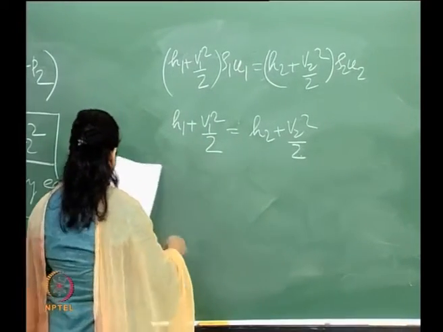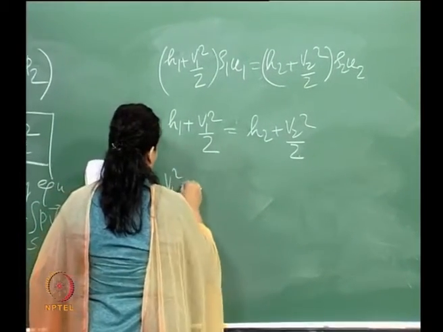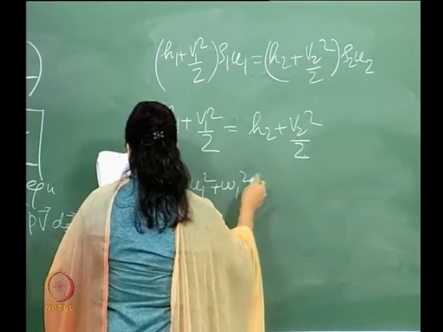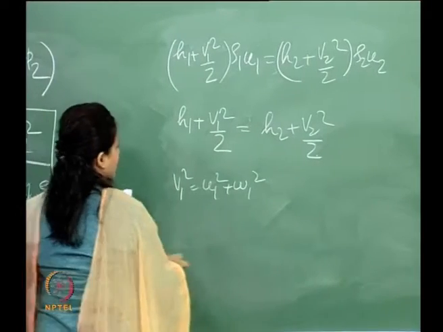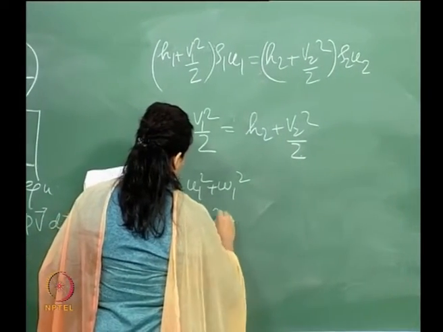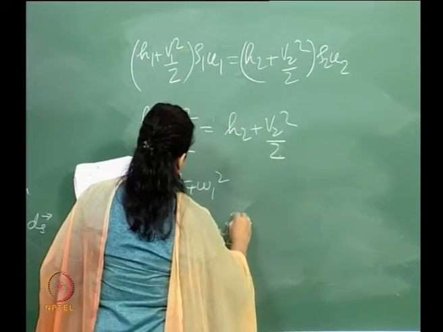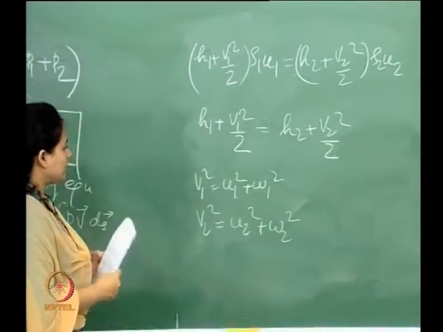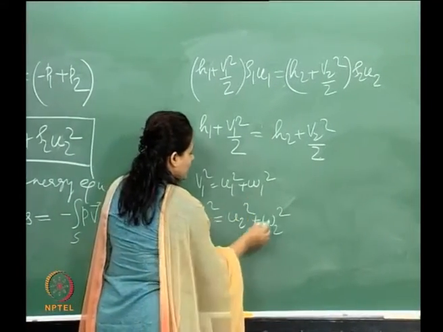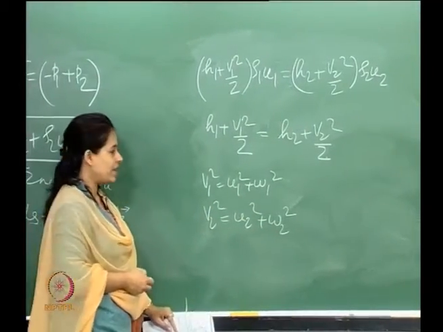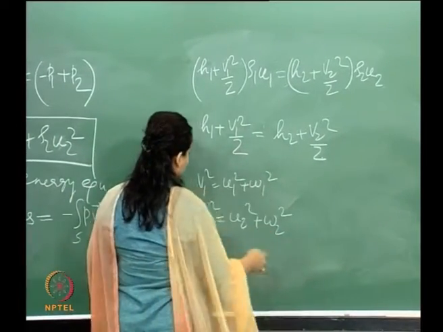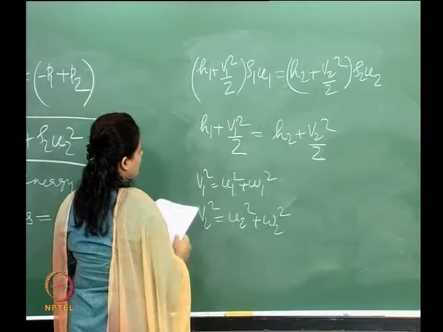Now, V1 squared is equal to this, and V2 squared is also equal to this. But what we have seen now is that W1 is equal to W2. So therefore, I can write this equation.